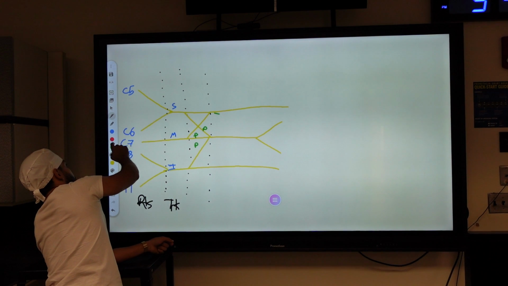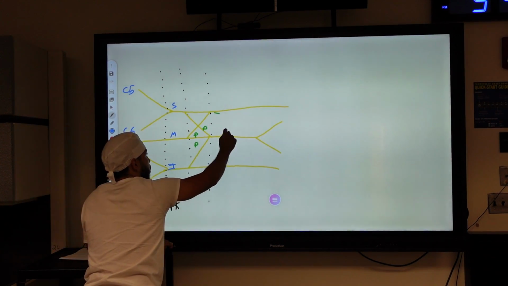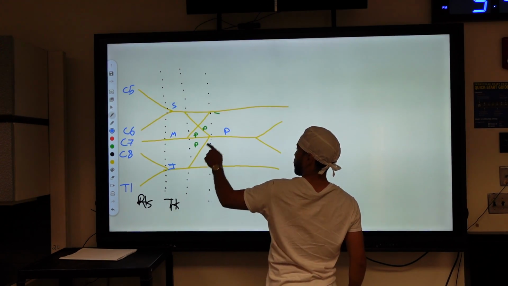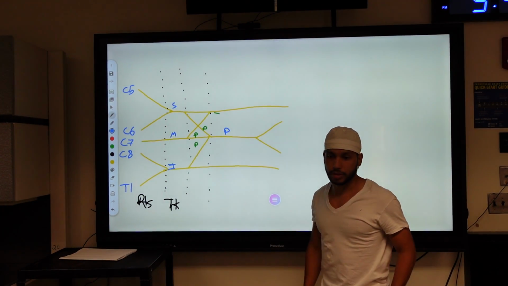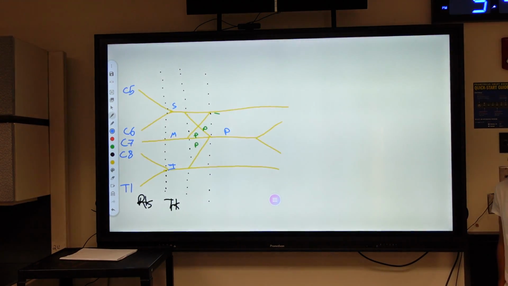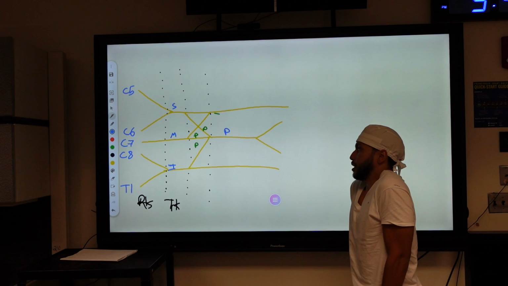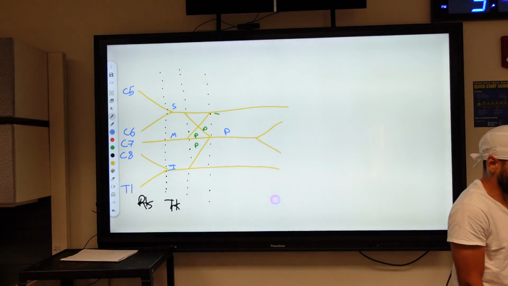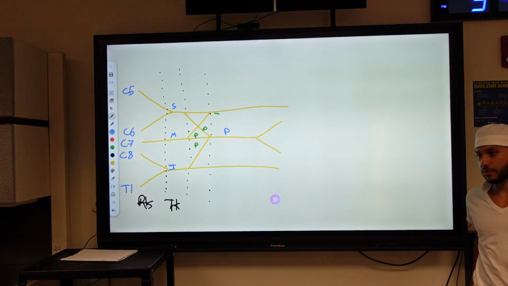And the cool thing about this is that now we can see that all three posterior divisions go to the posterior cord. All three posterior divisions come together to make the posterior cord. That makes sense, because the posterior cord is the most posterior of them all, and I told you the posterior divisions are traveling in a posterior direction.